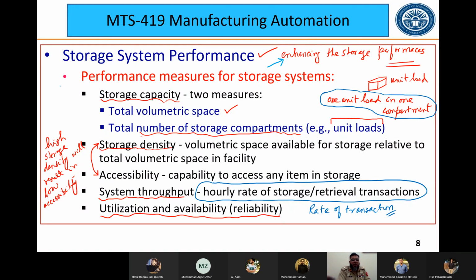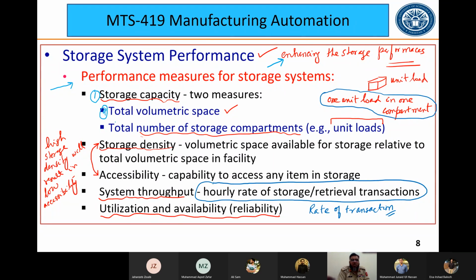The performance measure of the storage system. So there are measures: how do we measure the performance of a storage system? Number one is the storage capacity, that is, how much storage capacity do we have, and there are two measures to know or to measure the storage capacity, which can be in the form of total volumetric space.